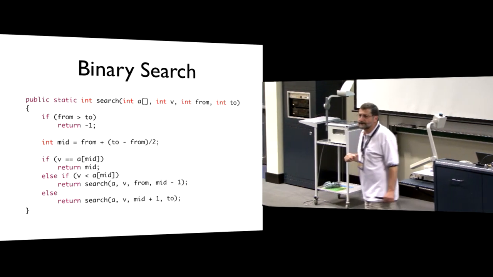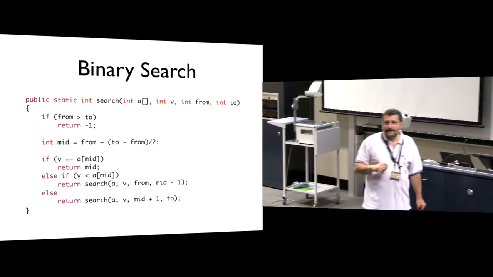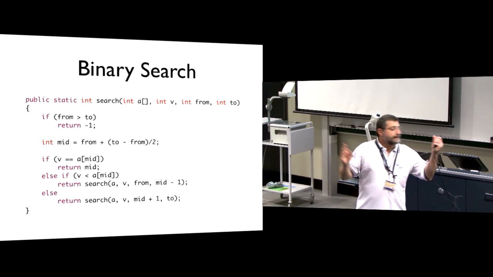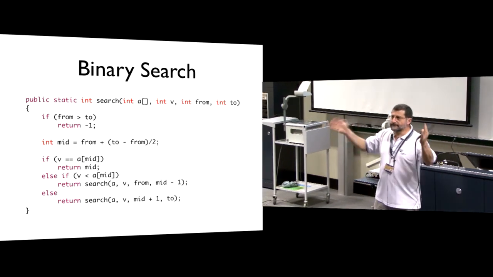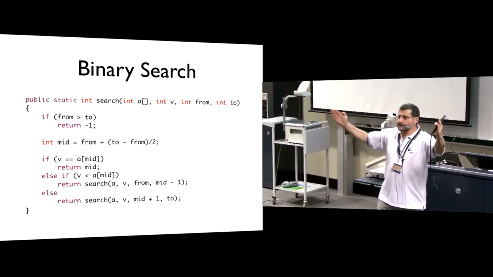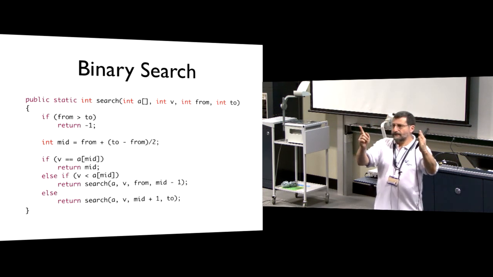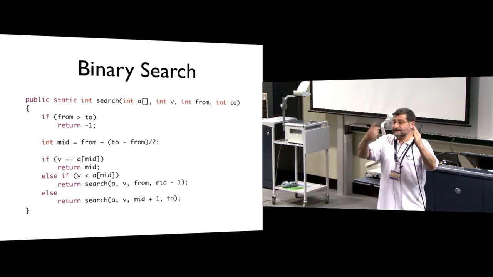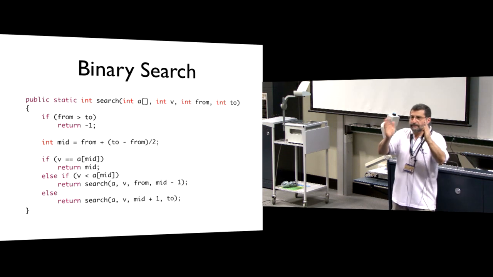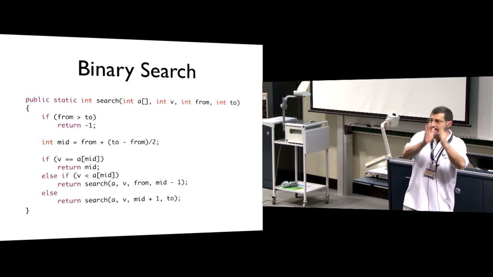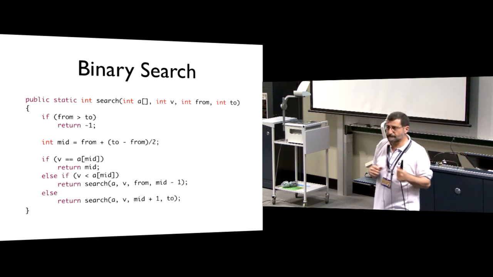So how could that possibly work? Well, remember we said that when you're doing the binary search, when you chop your array in half, the binary search is exactly the same. The method itself is exactly the same on that half of the array as it was on the full array.